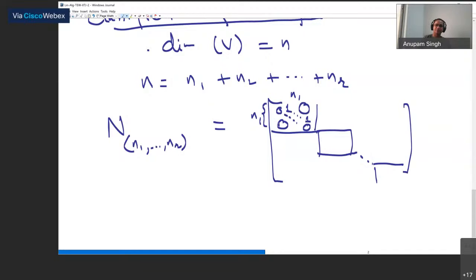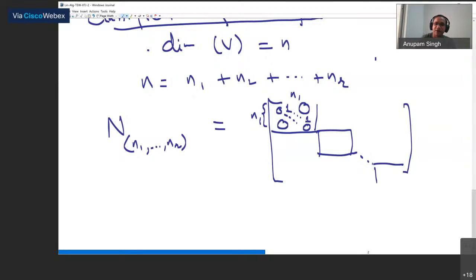What do I mean by saying that there is one vector for n1, one vector for n2, and one vector for nr? These are what are called cyclic vectors, and they will give rise to these blocks. I will explain that. I will also point out that here n1, n2, nr need not be distinct. They can repeat also. There could be two blocks of the same size.